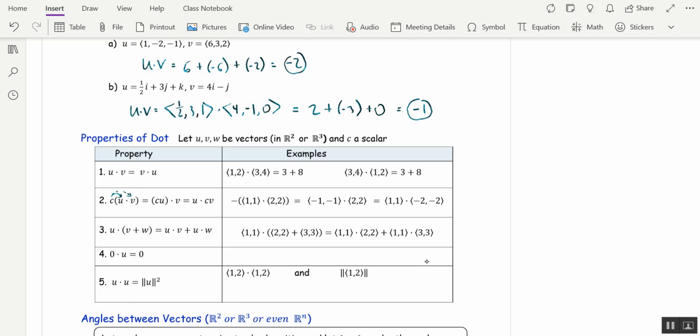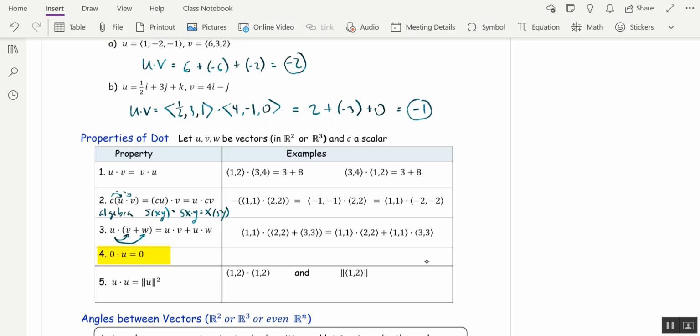For example, in algebra, an analogous property would be 5 times xy is the same as 5x times y is the same as x times 5y, but you wouldn't distribute the 5 to both the x and the y. Contrast that with property 3, which is this distributive property where u dot v plus w does distribute u dot v plus u dot w.